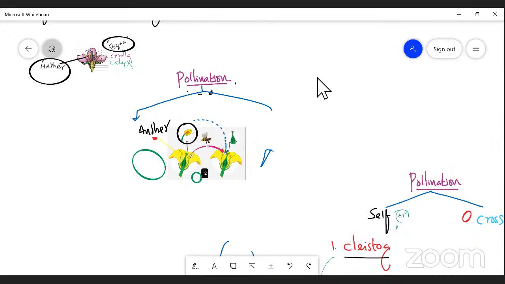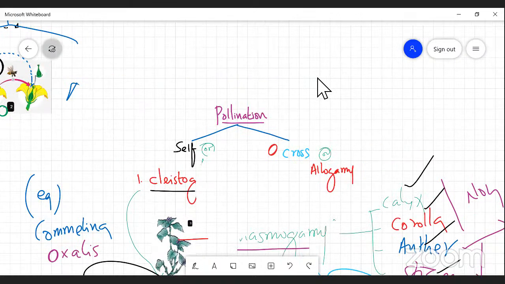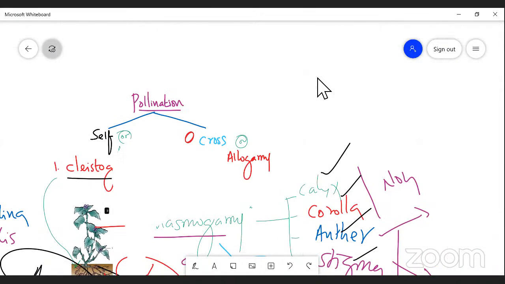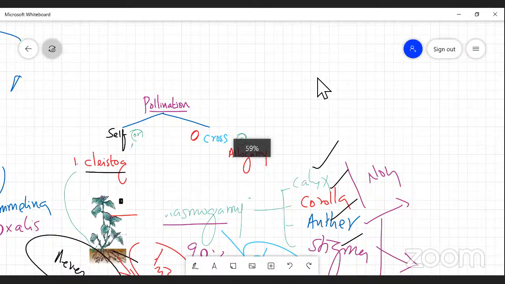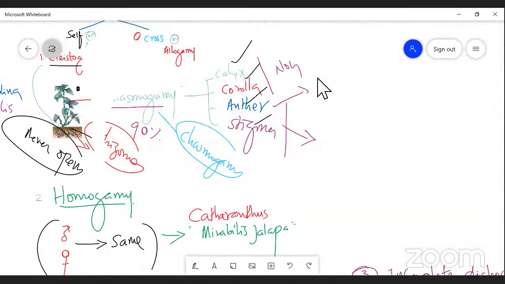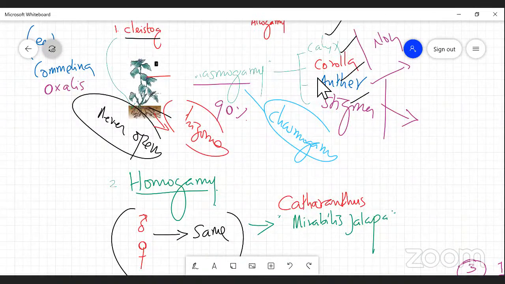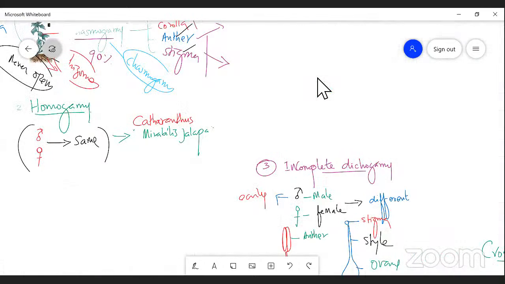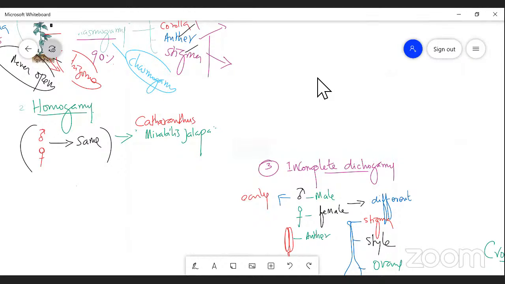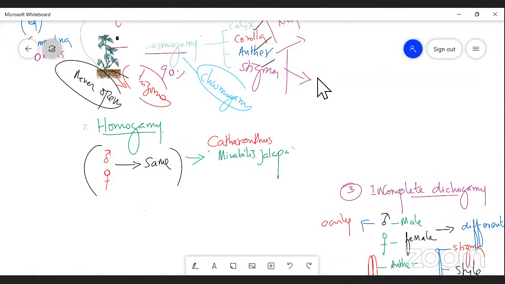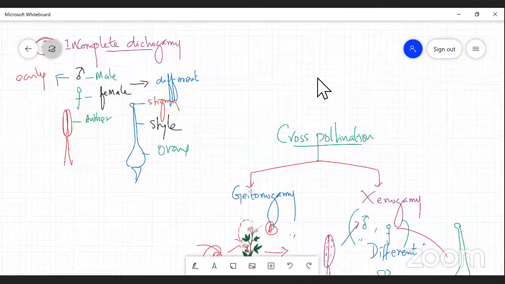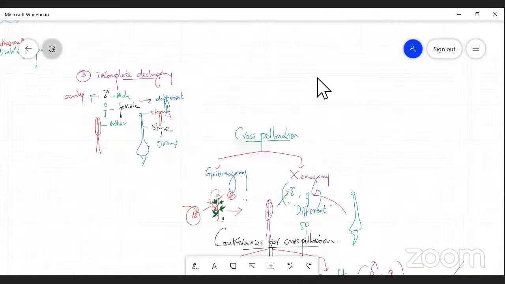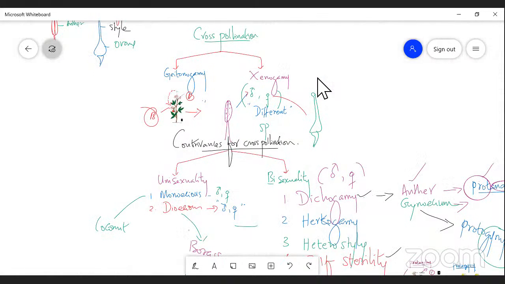Next, students. Will you give an example for xenogamy? I have given two examples. Anyone? Or will you mention the types of cross-pollination, please?